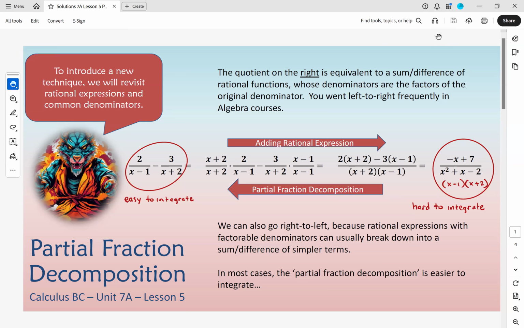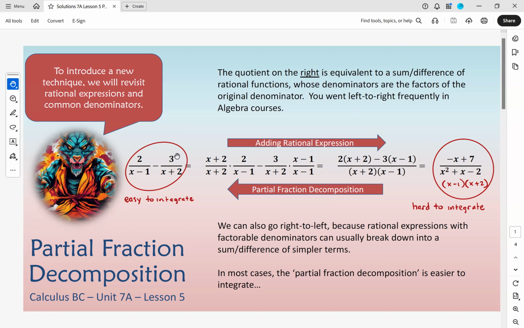But yeah, this is our lesson 5, which features our last integration technique of Unit 7A. We're gonna look at partial fraction decomposition here. So let's get started. We see some algebra developing on the slide.